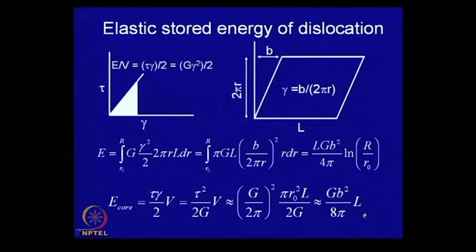If you substitute this, you get an energy of the order of G b squared over 8 pi L. So, basically, it is much less compared to this factor.